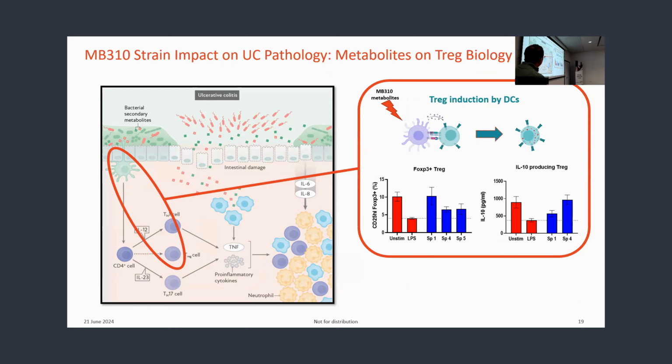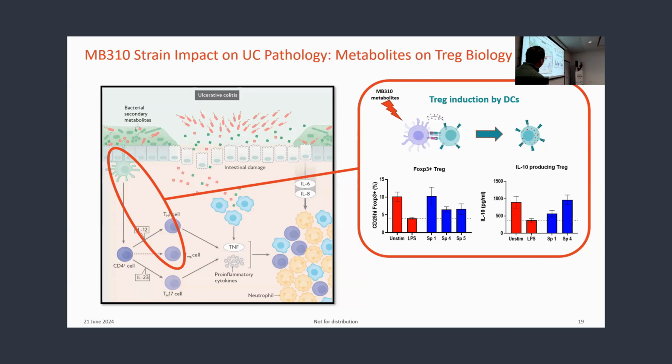The first, looking at the effect of MB310 metabolites on dendritic cells, again monocyte-derived. Then washing these dendritic cells and co-culturing them with allogeneic CD4 T cells. And then looking at the profile of these CD4 T cells, whether they express any markers for regulatory T cells, which are responsible for maintaining tolerance in the gut.